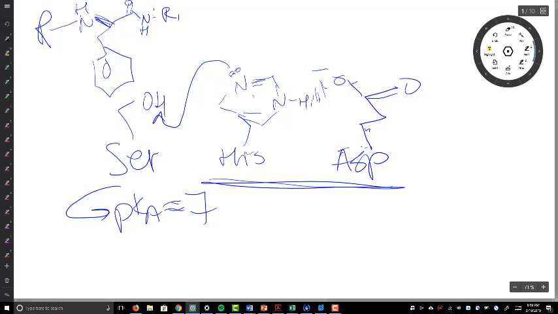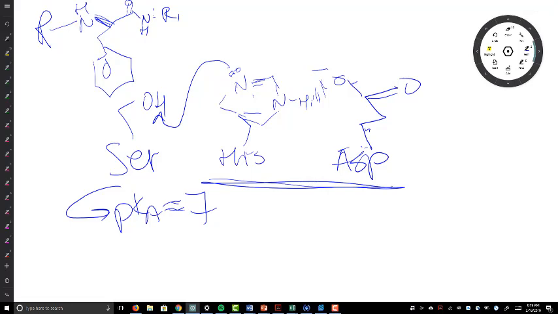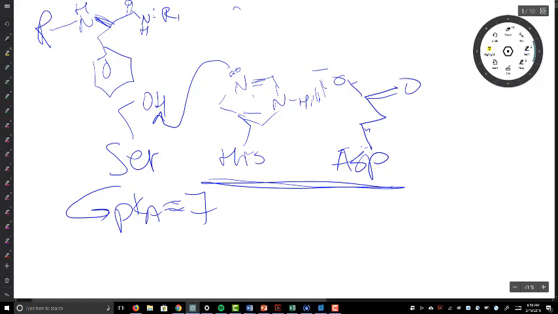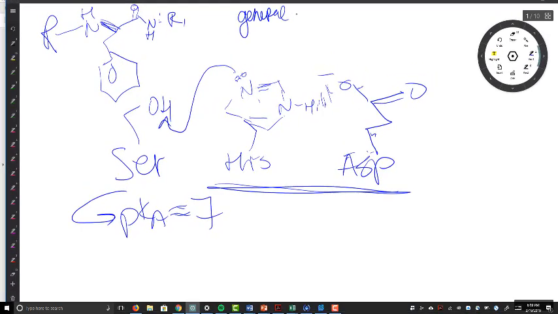Okay, base, yes. But what's the type of base? What's the basic strategy utilized by proteins called? General base. So, yes. Histidine acts as a general base by deprotonating.